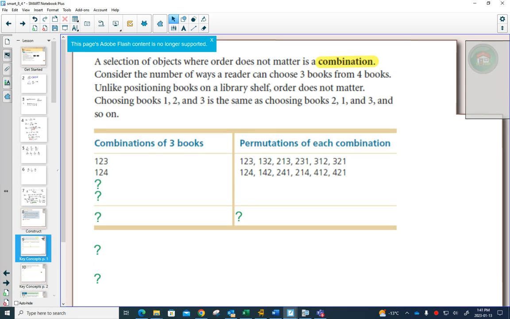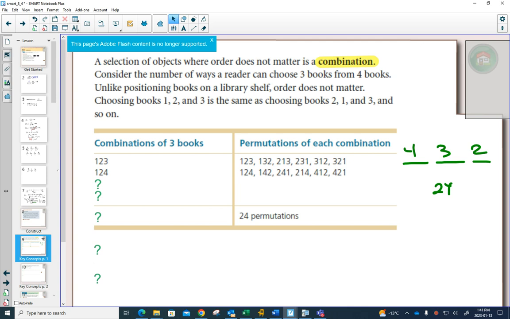If you look at all the ways you could arrange 3 books, permutations would say we have 3 decisions to make. Which book are we going to put first? 4 choices. Which one second? 3 choices. Which one third? 2 choices. And you would get 24 in total for permutations.